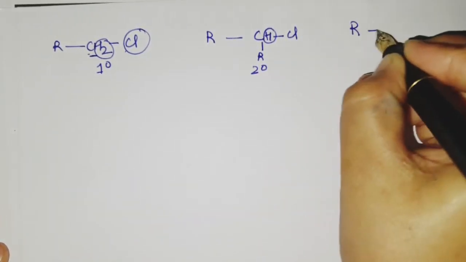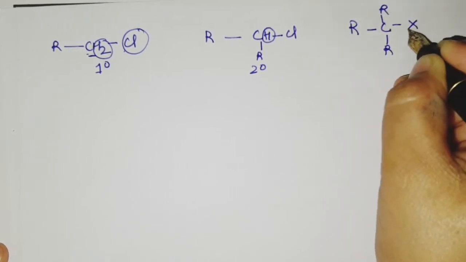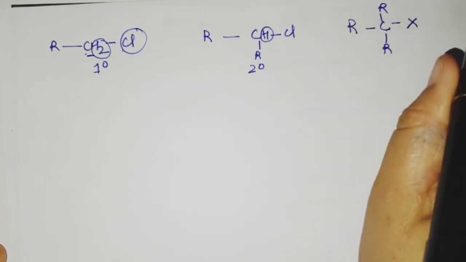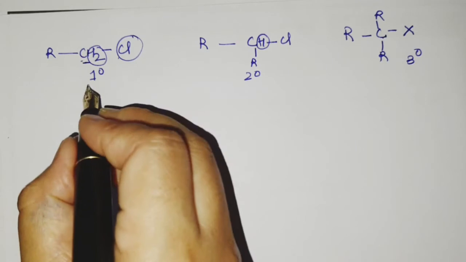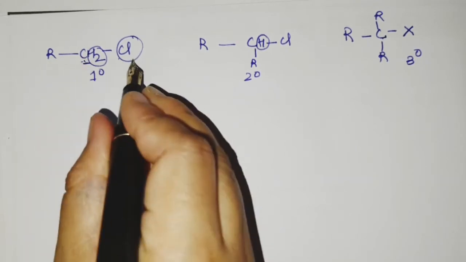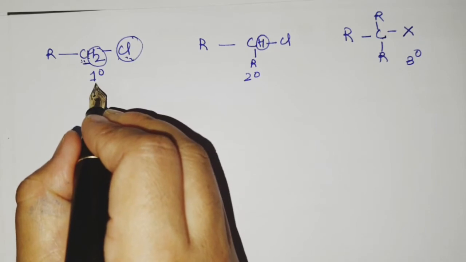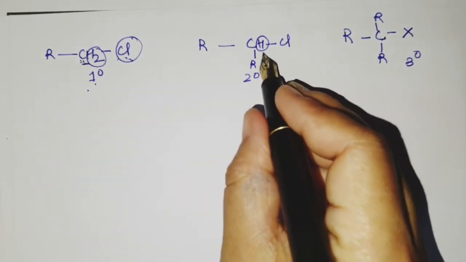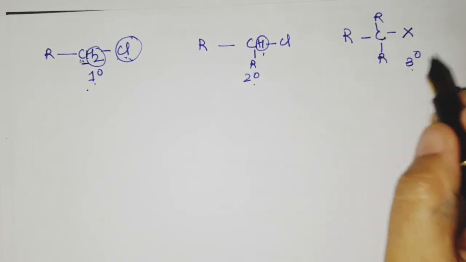And if the carbon attached to the halide does not contain any hydrogen, this is tertiary. So in primary, the carbon attached to the halide has 2 or 3 hydrogens. If there is one, that is secondary, and if none, tertiary.